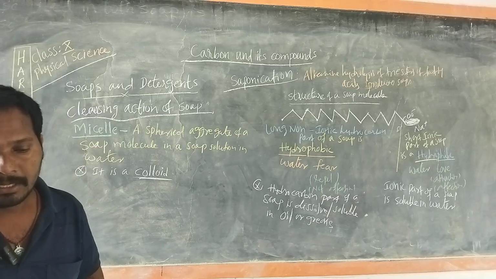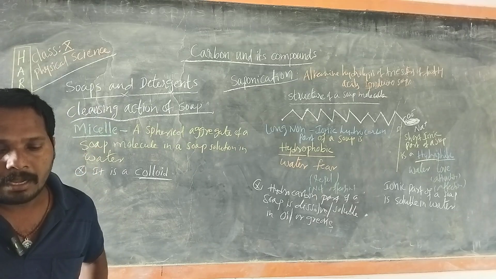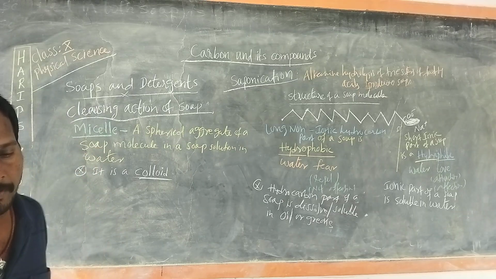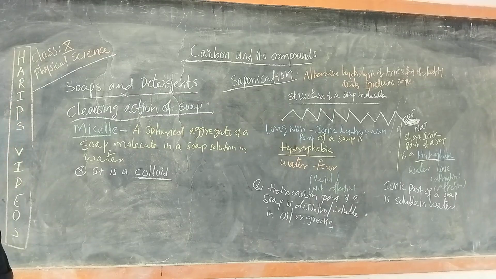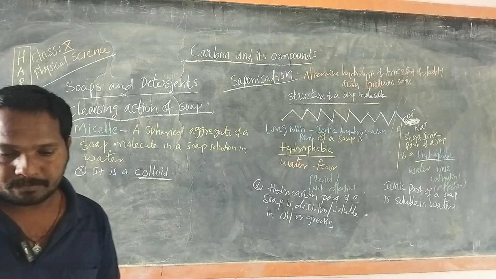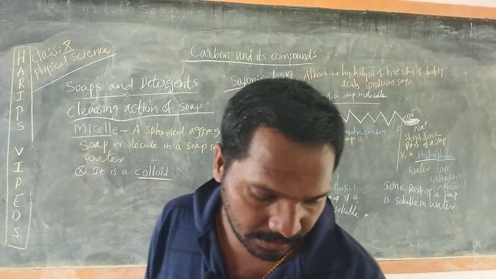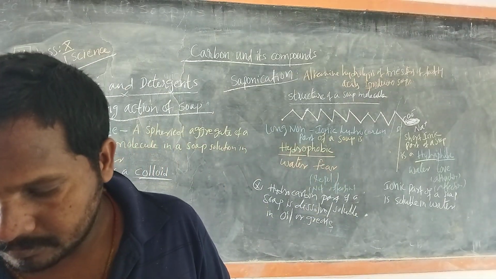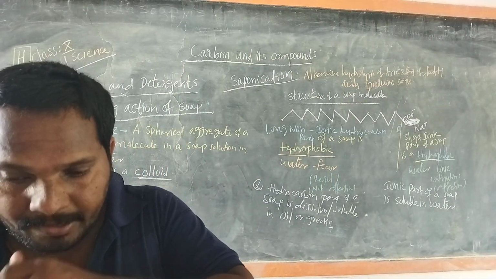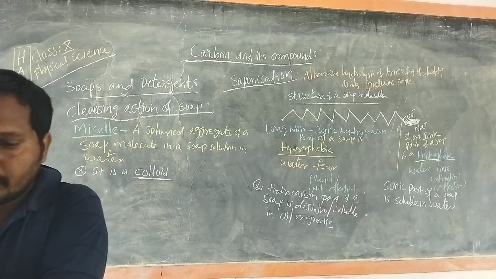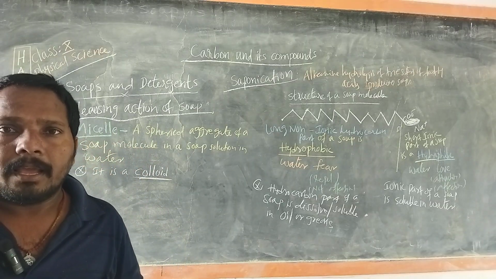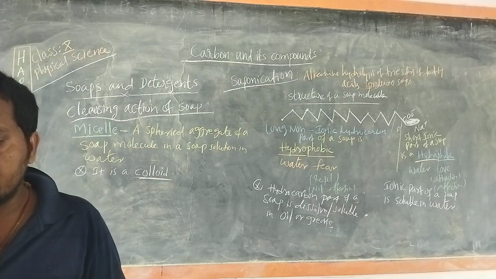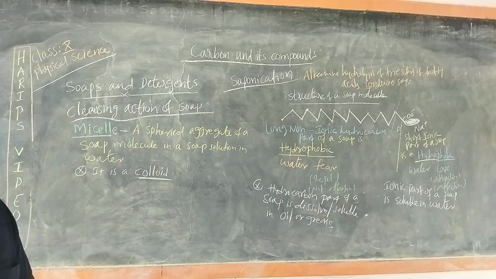I forgot. Okay, let us understand how this soap cleans the dirt. When a dirty cloth is inserted in the solution, the hydrocarbon part sticks to the dirt or oil.